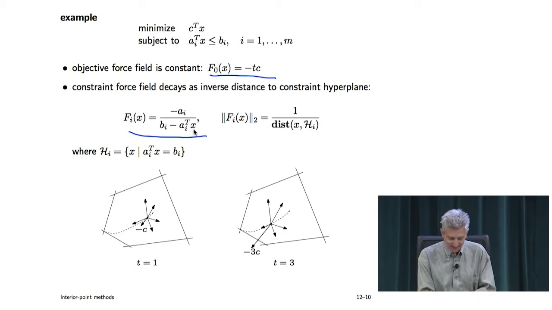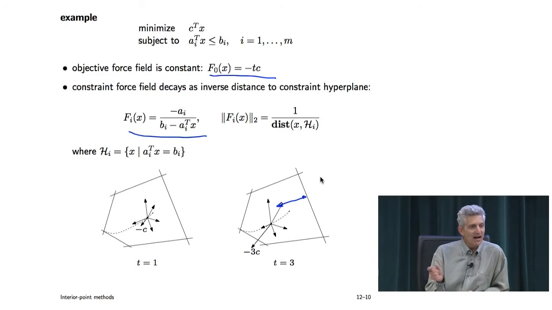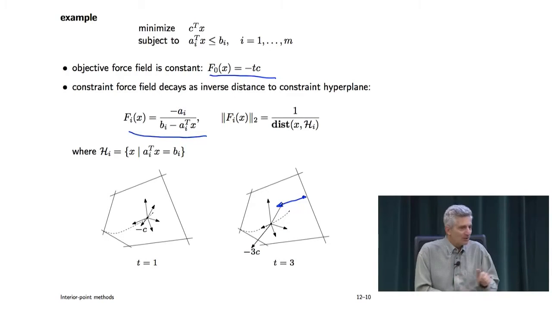It's with exactly an inverse distance magnitude, right? So for example, if that's a linear inequality that says please stay on this side of the linear inequality, the force field here will point away from this thing, and the magnitude will be inversely proportional to how close you are. Okay, so as you move closer, you get a very strong repulsive force, right?